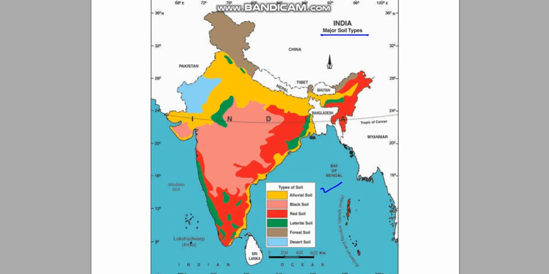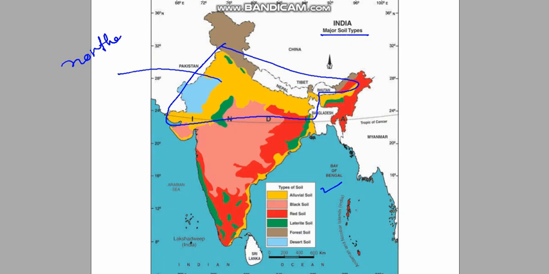The yellow color portion in this map denotes alluvial soil. So you can see alluvial soil is mainly available in the top part, that is the northern plains of India. And these are the most fertile plains available in India.